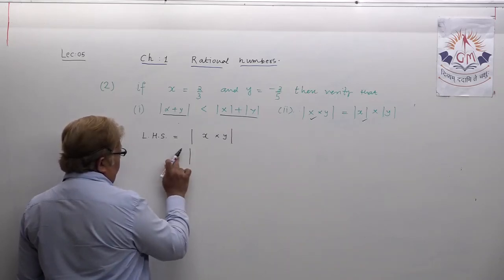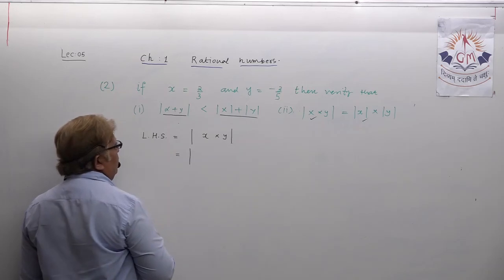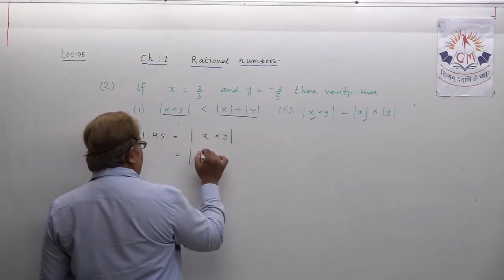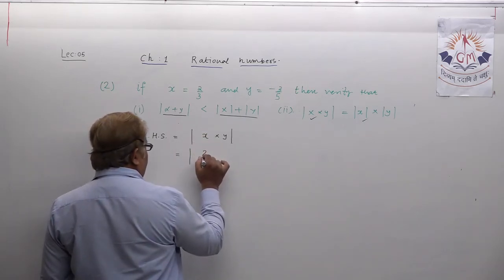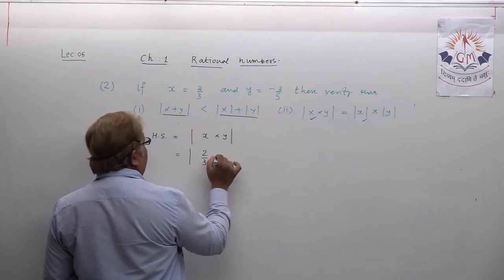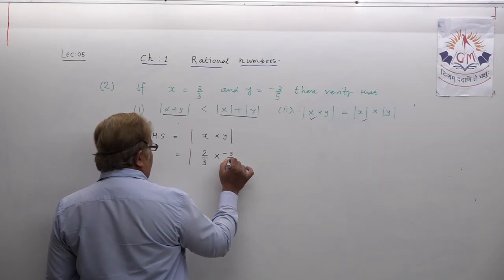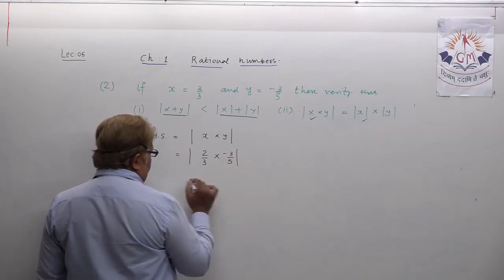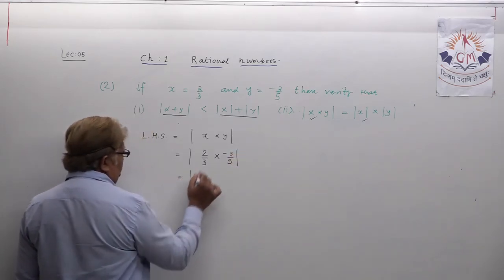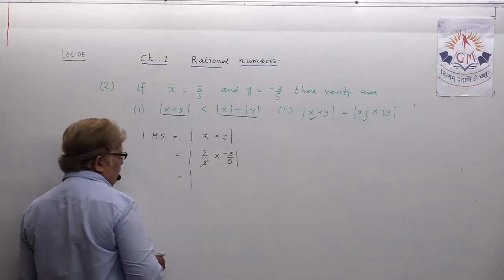Let us substitute the values. What is the value of x? 2 upon 3. What is the value of y? Minus 3 upon 5. 3 cancelled.